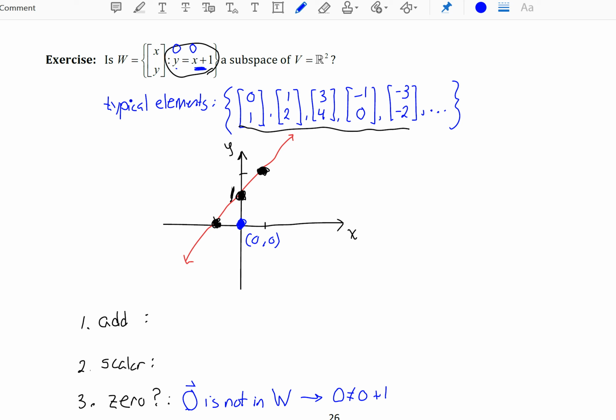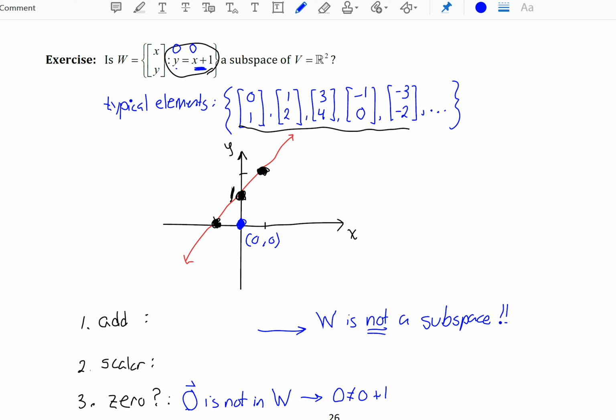So putting this together, we can say W is not a subspace.